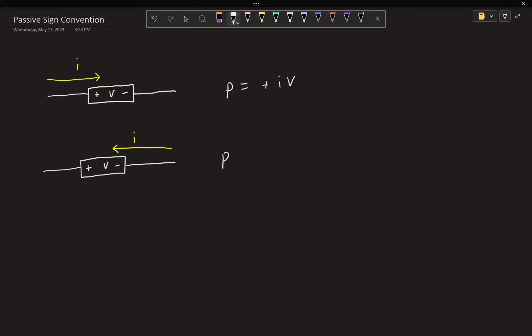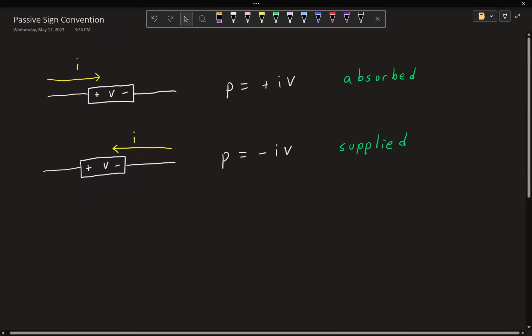Our convention says that P equals negative I times V. Now, what this is saying, when it's positive, we say power is being absorbed by this element. And for when the current goes through the negative terminal, we say power is being supplied.